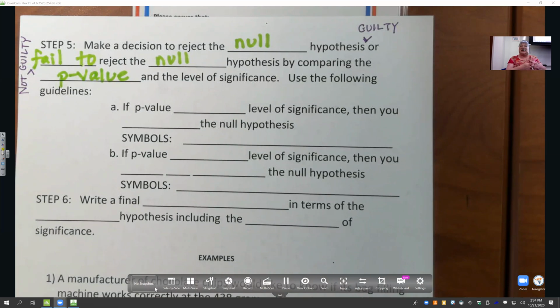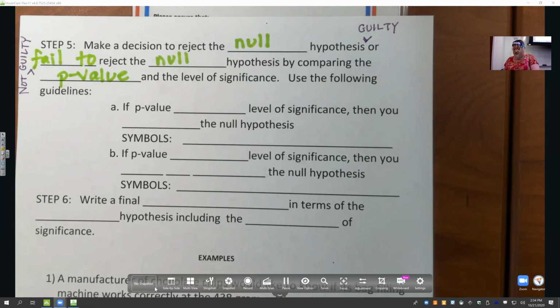Guys, these guidelines are set in stone. They will not ever change, regardless of what kind of hypothesis test you're doing, whether you're doing Z or T or chi-square or ANOVA or correlation. These rules are set in stone. They are what they are all the time, every time.